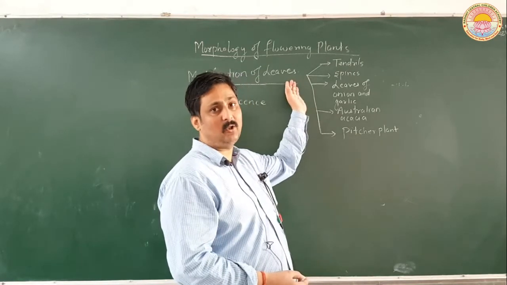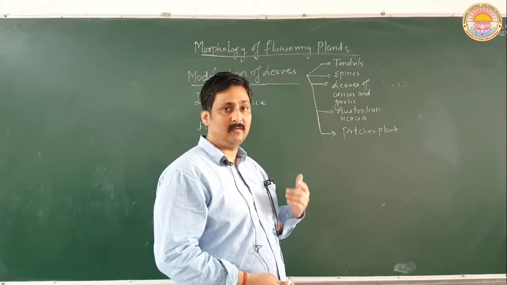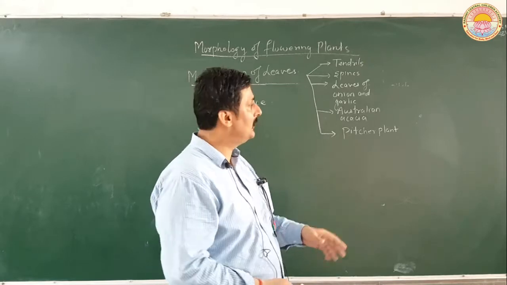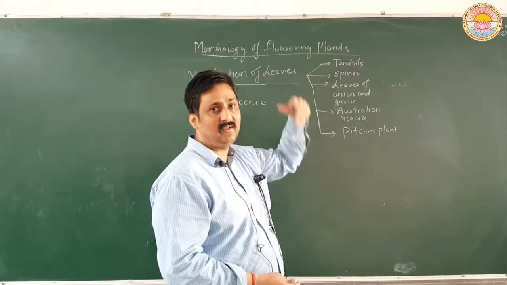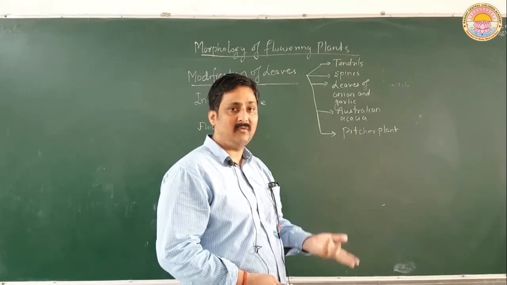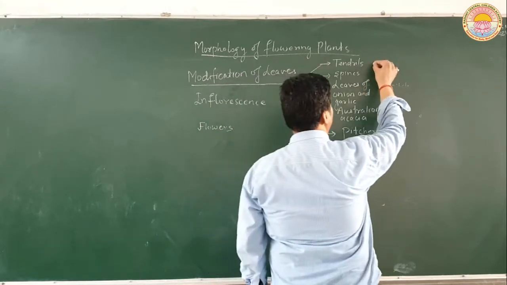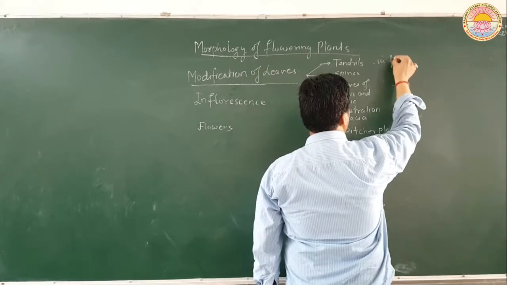Leaves are the organ whose main purpose is photosynthesis, but here you can see the modification. It is used for climbing. It has modified itself for climbing purpose, as in case of pea plant.